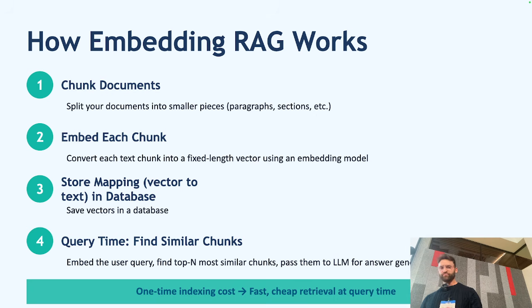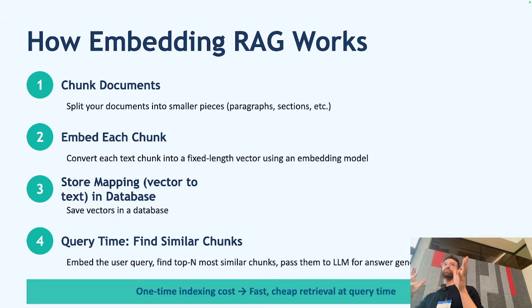So that is all ahead of time. You have your corpus of data, you chunk it, you embed it, you store the mapping in a database. That happens in the setup phase, and every time you add new data, you also need to add it to your database. Then at inference time, when the user enters their message, you do a similar thing.